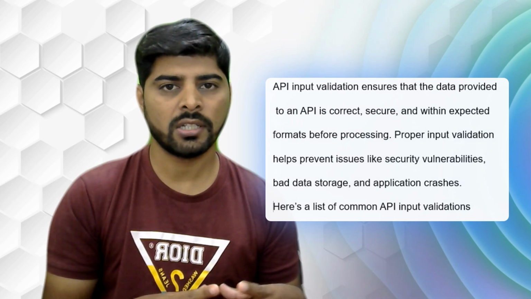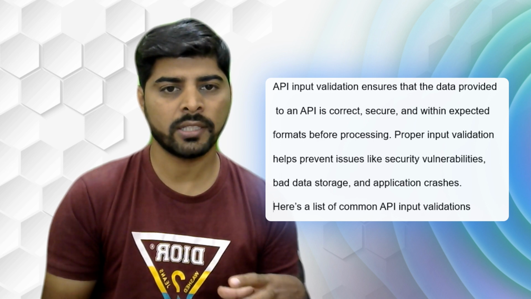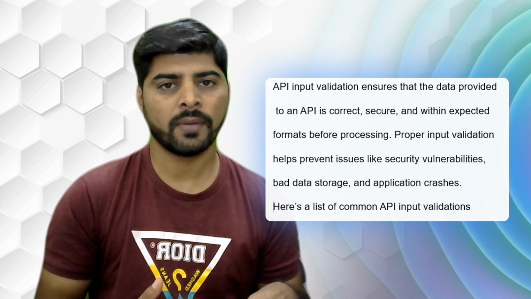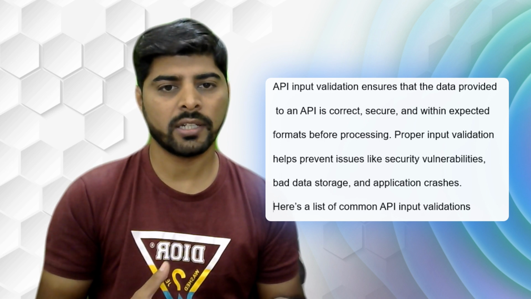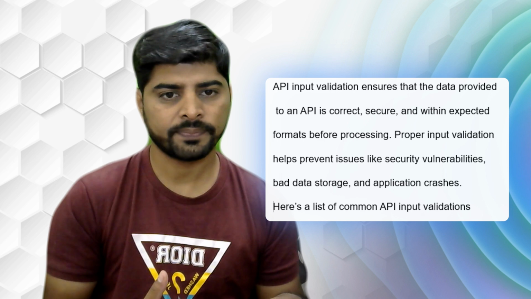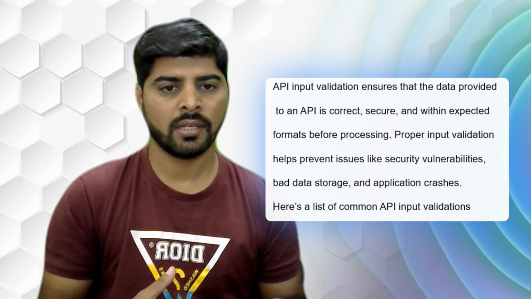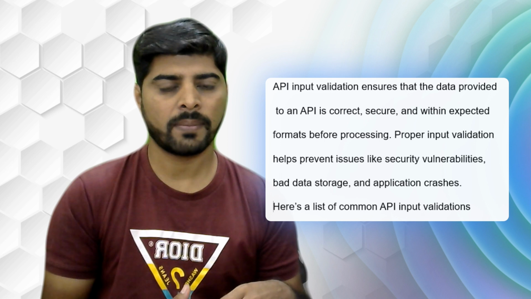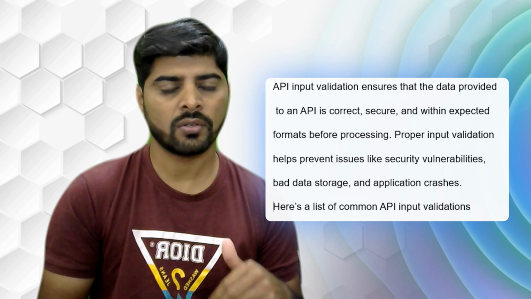API input validation ensures that the data provided to APIs is correct, secure, and within the expected format before processing. Proper input validation helps prevent issues like security vulnerabilities, bad data storage, and application crashes. If our APIs are not properly input sanitized, then there can be security vulnerabilities.